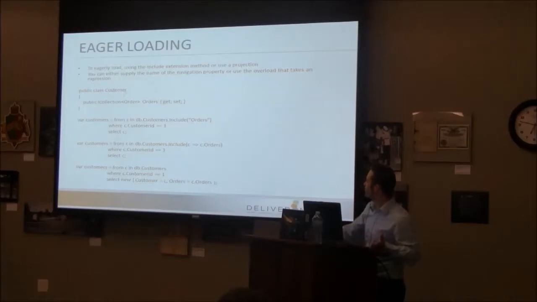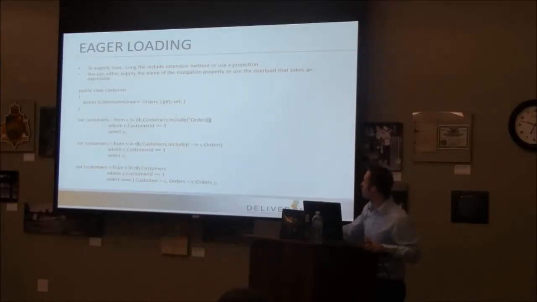So again, going back to my customer example, I have a collection of orders. If you look at the query here, from C in customers, and then you can use this include method. That either takes a string or, again, that fluent syntax with the lambda.